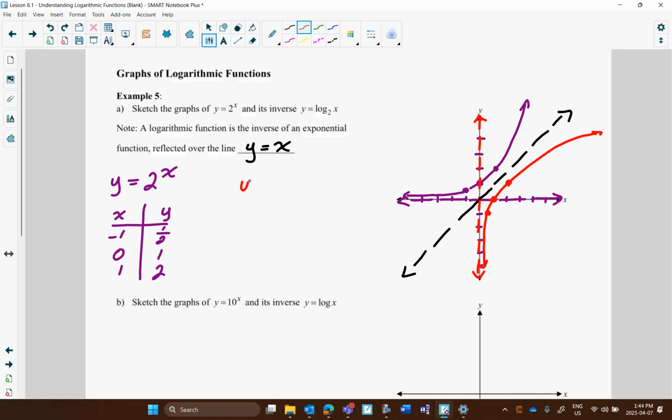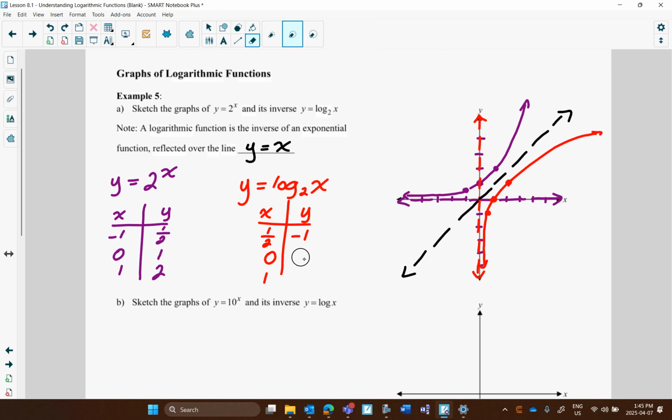So therefore, all of these points on the table of values will be reversed. Reverse this.